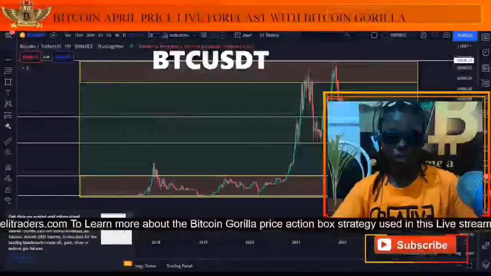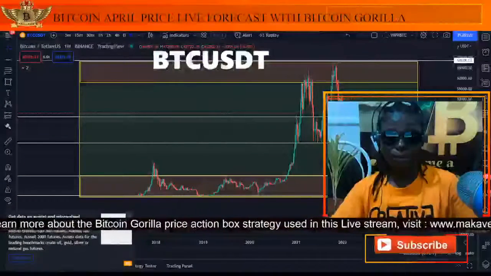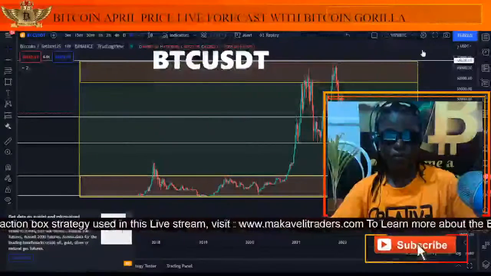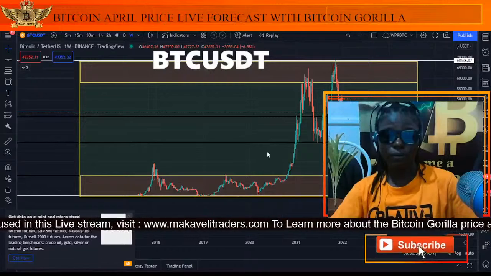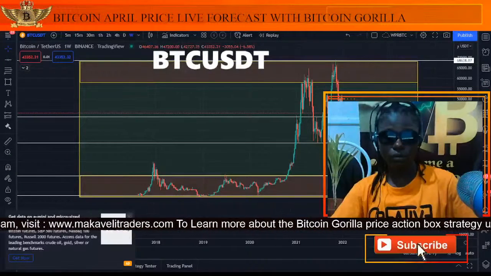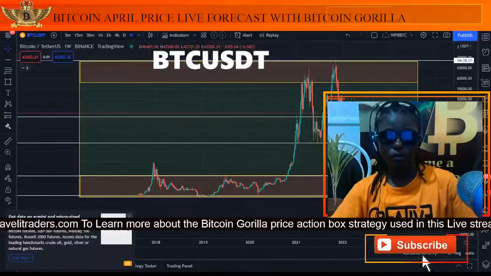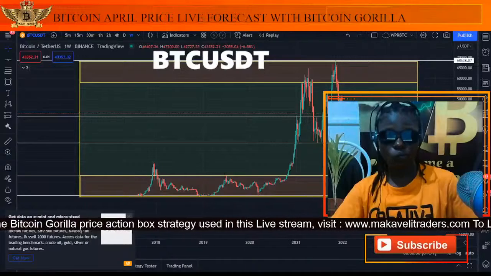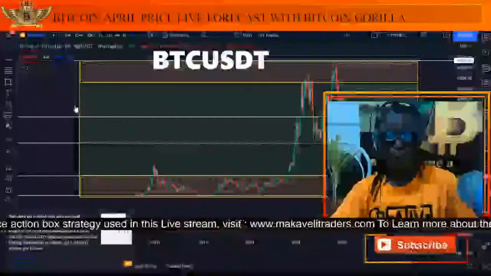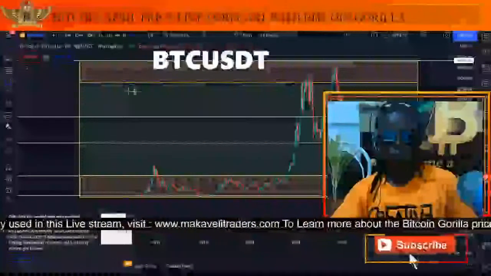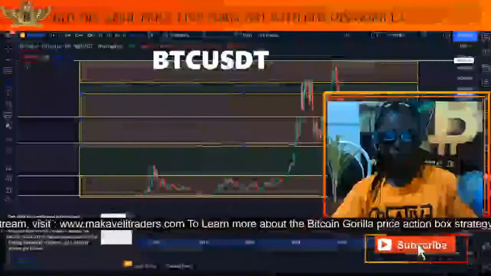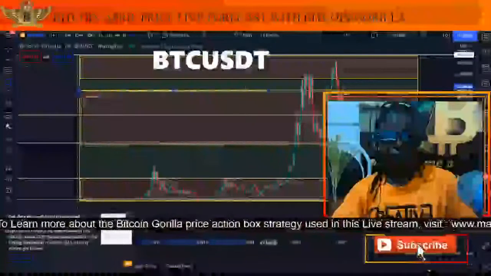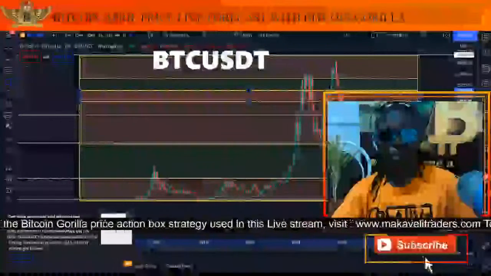So okay, that's a good box on the weekly chart. I'm going to try to make sense of the price.